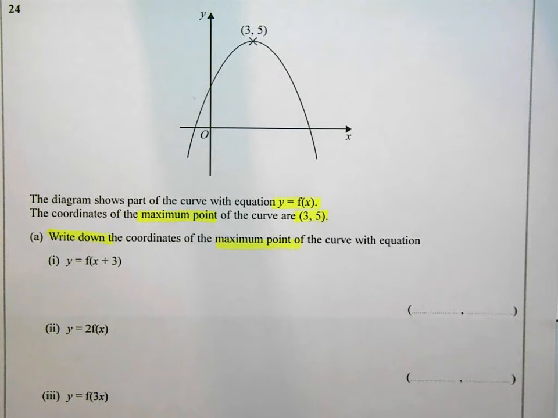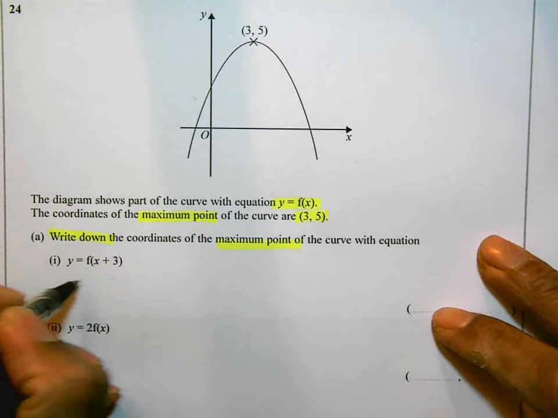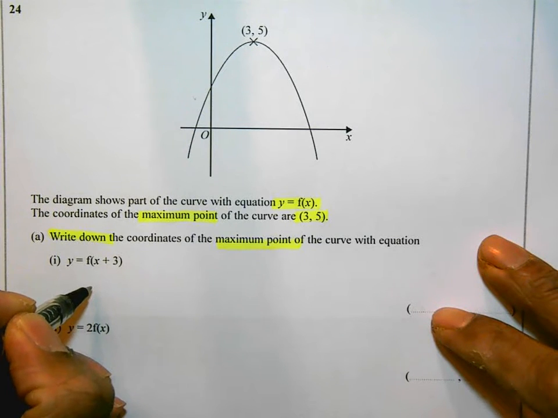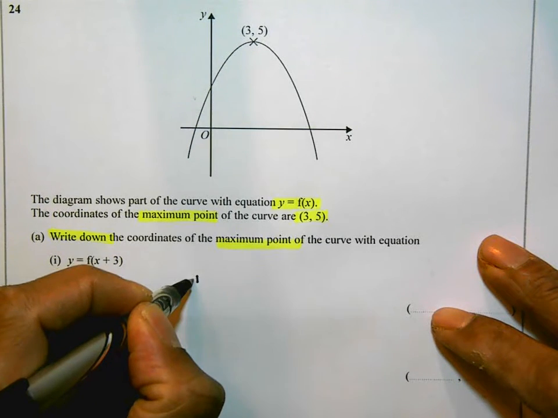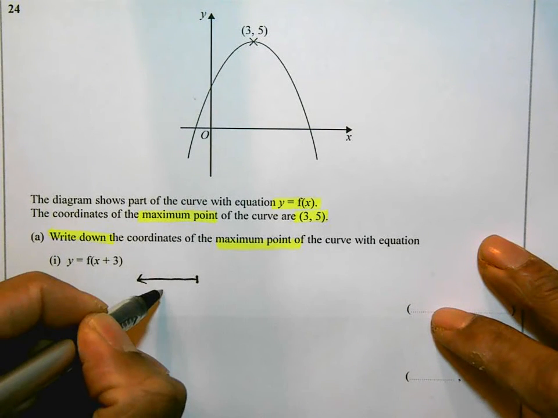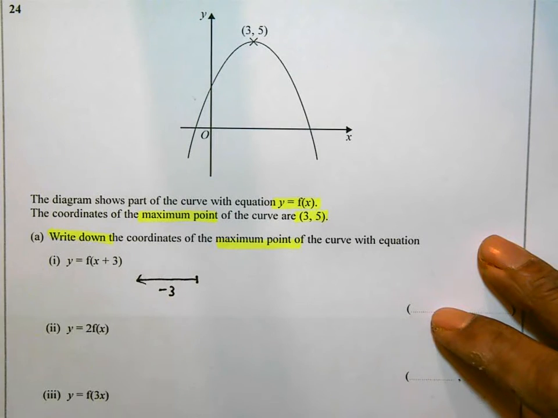Now, this is where you need to basically know your graph transformations. So f of x plus 3 means the graph is going to be shifted to the left by 3 units. So that means you're moving it minus 3 to the left.